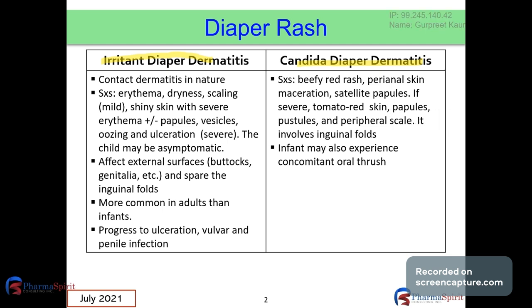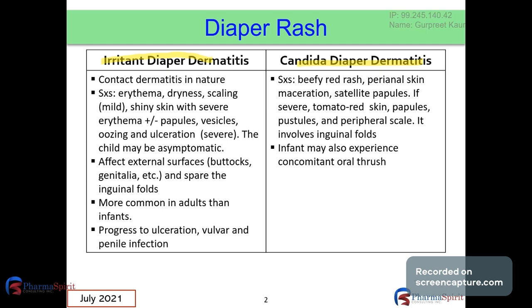Diaper dermatitis, and here we're talking about the child, can also affect elderly people who have incontinence. So this is not only limited to children. Diaper dermatitis affects the external surface of the buttock and genitalia, and it spares the inguinal folds. That's one of the important differences between irritant diaper dermatitis and Candida diaper dermatitis.